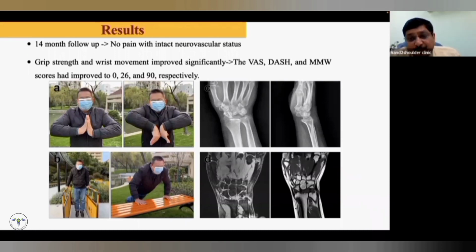But in science, you should be able to reproduce the procedure and the results. More people have to do this to reproduce the result. If the surgery is not reproducible, then the surgery doesn't last long.